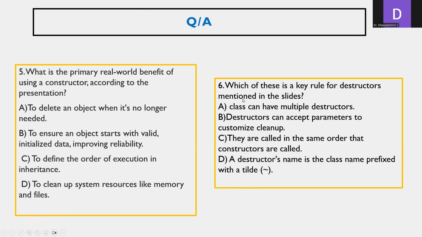Okay. Last question, which of these is a key rule for destructors mentioned in the slides? A class can have multiple destructors. Destructors can accept parameters to customize cleanup. They are called in the same order that the constructors are called. A destructor's name is the class name prefixed with the tilde symbol.